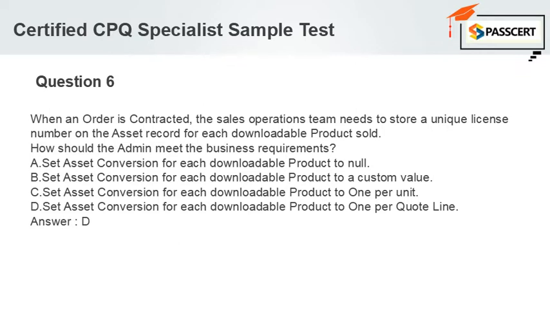B. Set asset conversion for each downloadable product to a custom value. C. Set asset conversion for each downloadable product to 1 per unit. D. Set asset conversion for each downloadable product to 1 per quote line. Answer: D.